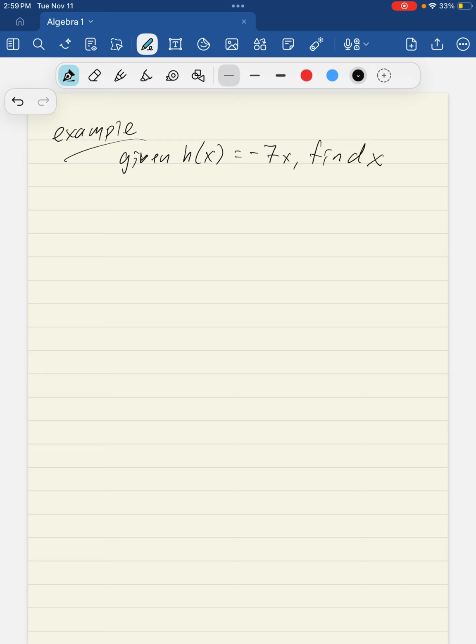Find x when h of x equals 63. Now, this one gives you different information, because it doesn't say solve for x. Or it says solve for x, but it gives you h of x instead of x, like the last one. So this is your output, right?